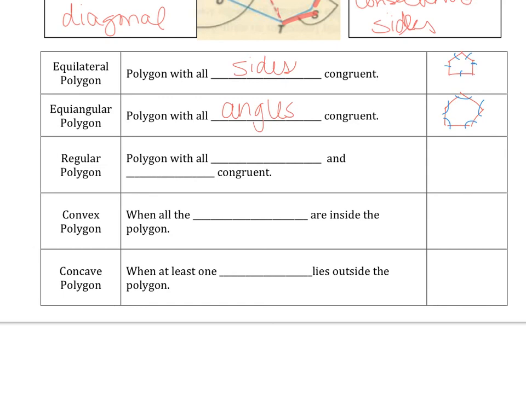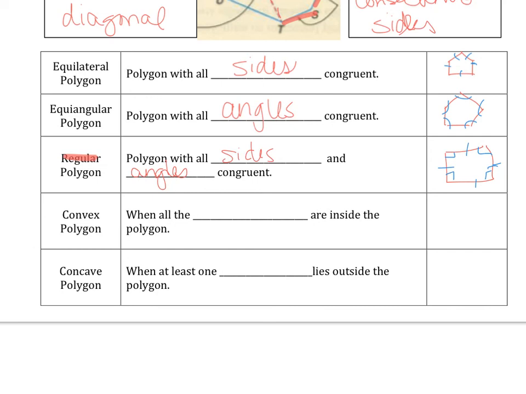A regular polygon is a polygon, and that keyword there is regular, with all sides and angles congruent. I'm going to draw a square for this one, mark that up so my sides are all congruent, and then give you the right angles to show my angles are congruent.